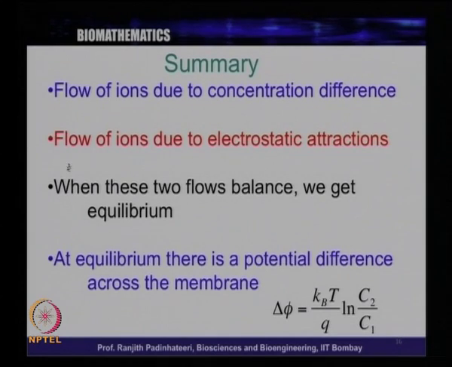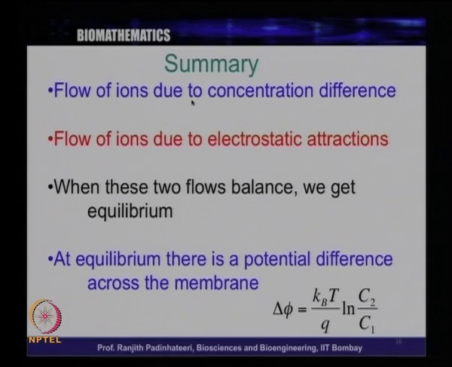This will lead to positive charge ending up on one side and negative charge on the other side, and that charge separation will lead to a counter flow of ions due to electrostatic attractions, in the opposite direction.